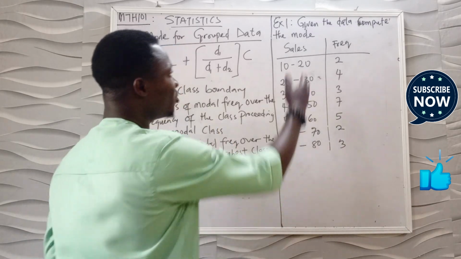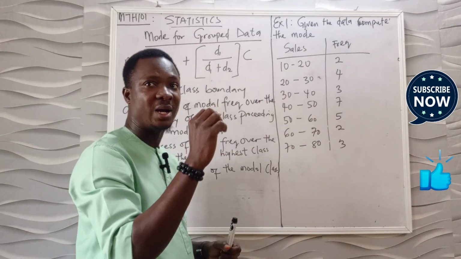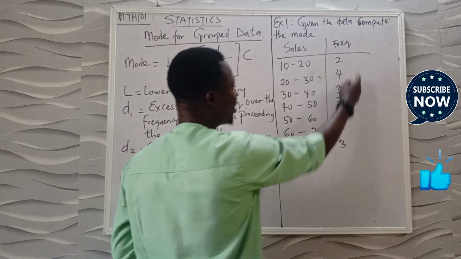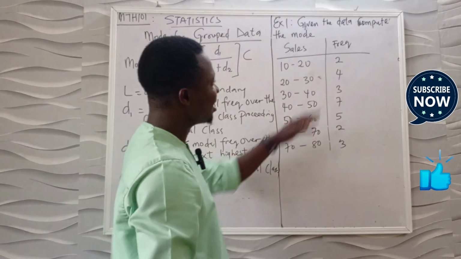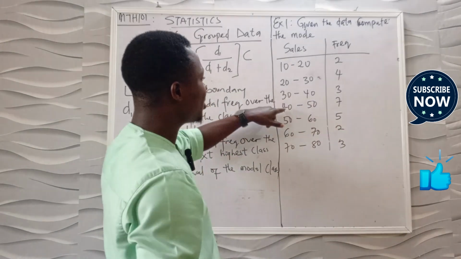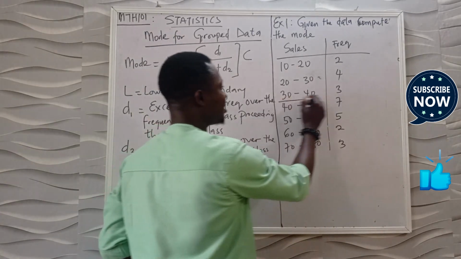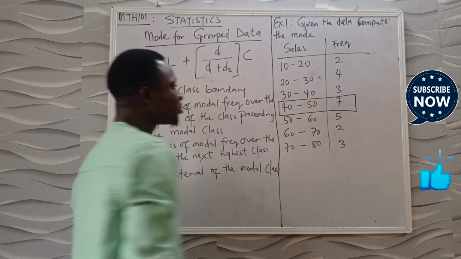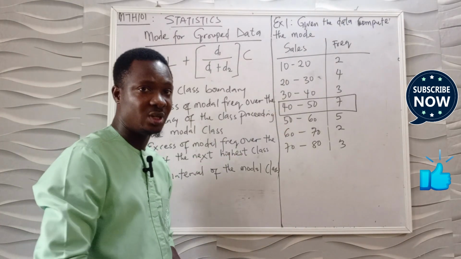So we go to the frequency and pick the one that has the highest frequency. Which one has the highest frequency? 7 is the highest frequency, and it falls under 40 to 50. We highlight this. This gives us our modal class, and this is what we are going to be solving.